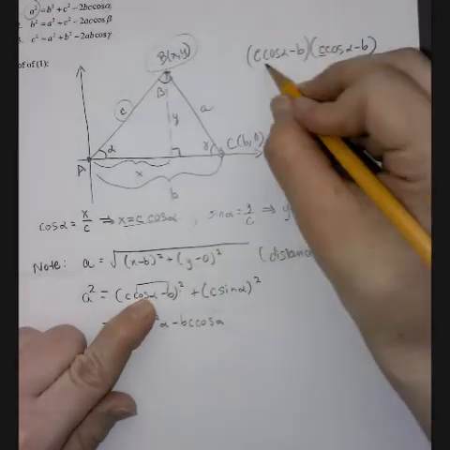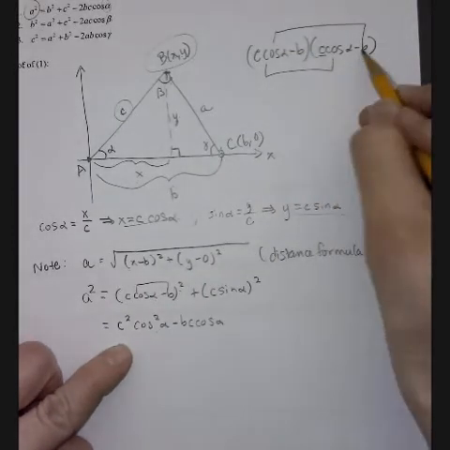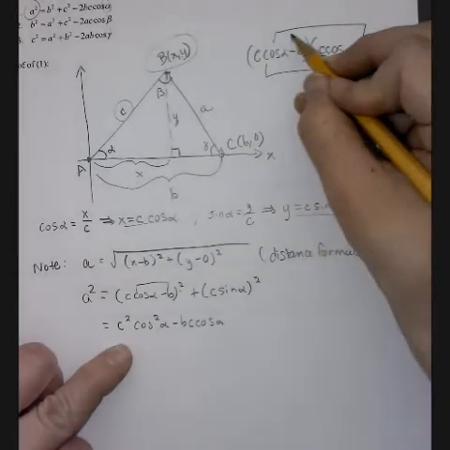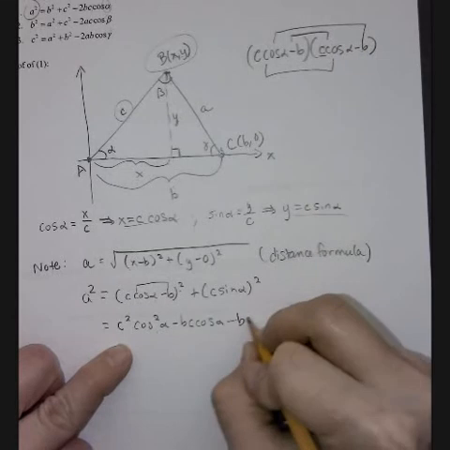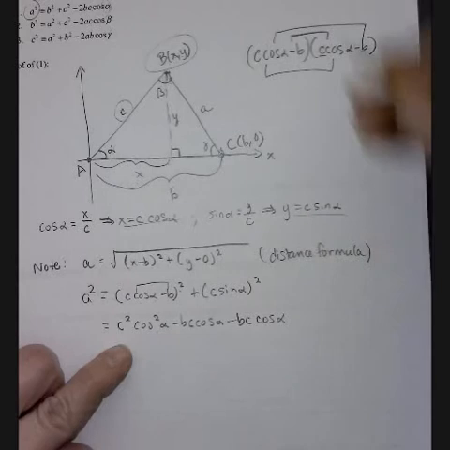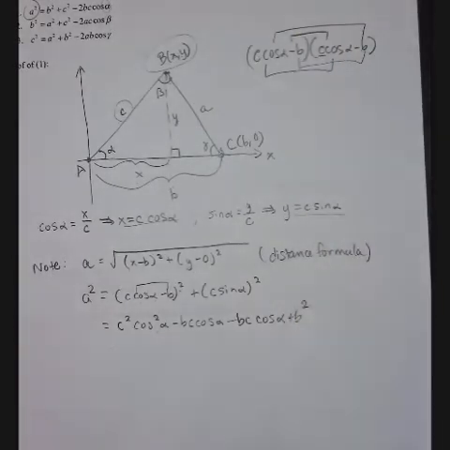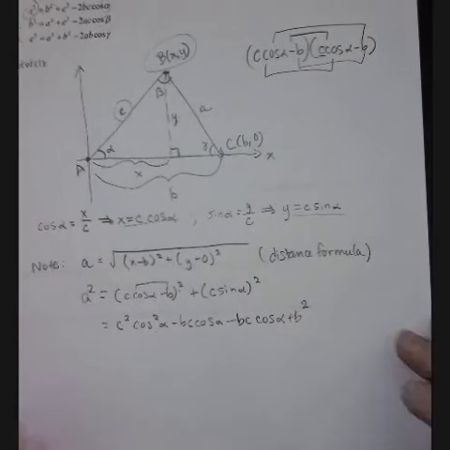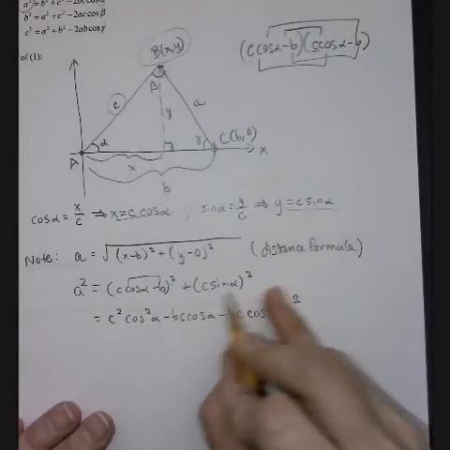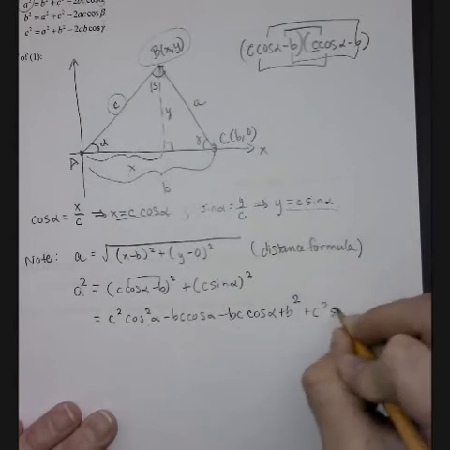So this times this gives us c squared cosine squared alpha, then minus bc cosine alpha, and then the inside two give us the same thing, minus bc cosine alpha. And then the last two will be plus b squared. Negative b times negative b is plus b squared. And then we have this squared will just be c squared sine squared alpha.